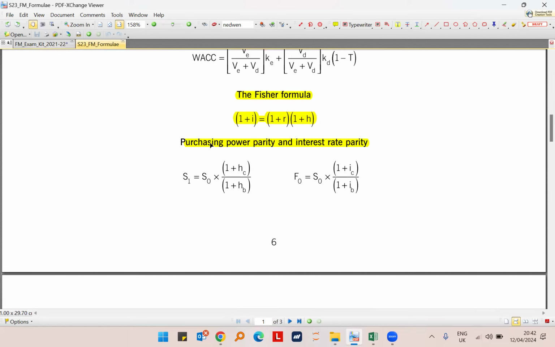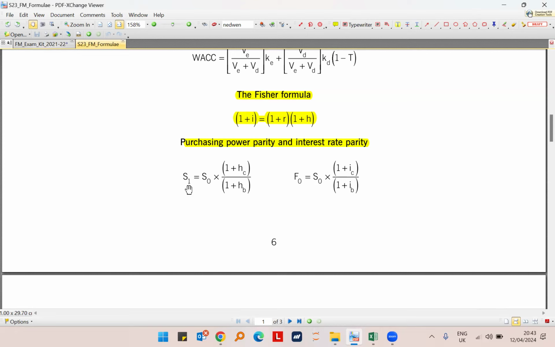And here, what this means is that if the inflation in the base currency is higher, then what is going to happen to your predicted spot? It will be lower. So if the inflation in the base currency is higher, then we say that the base currency has lost value, and therefore the predicted spot will be lower.